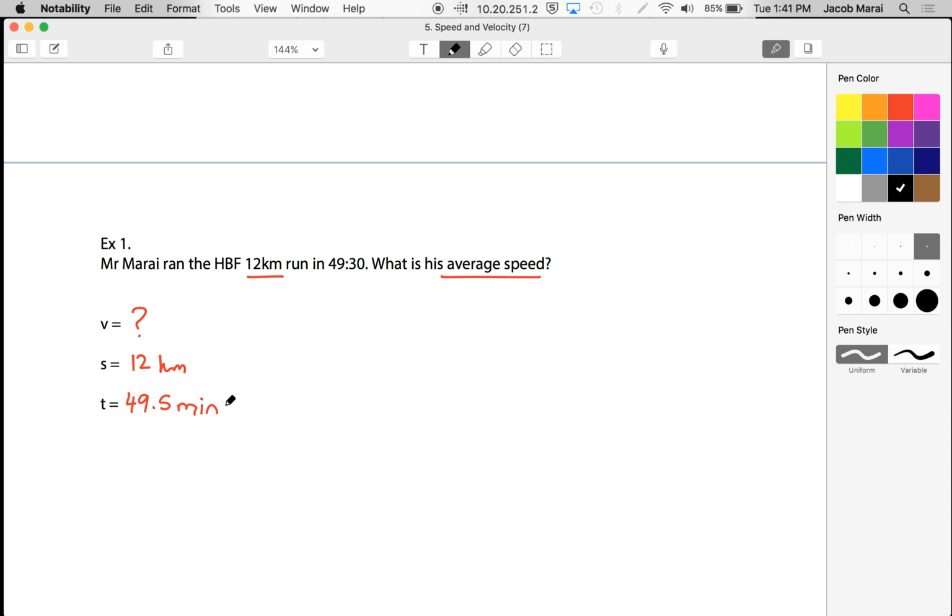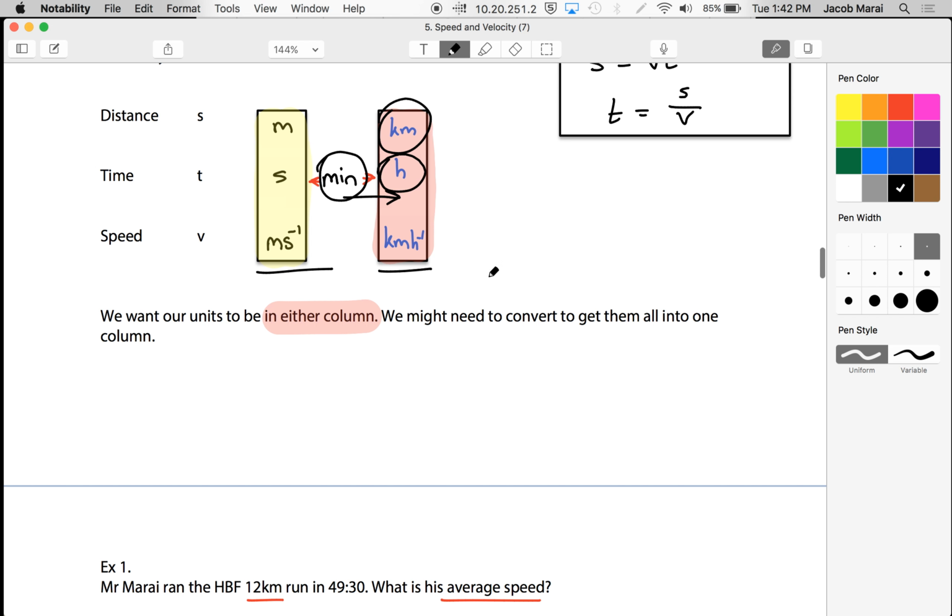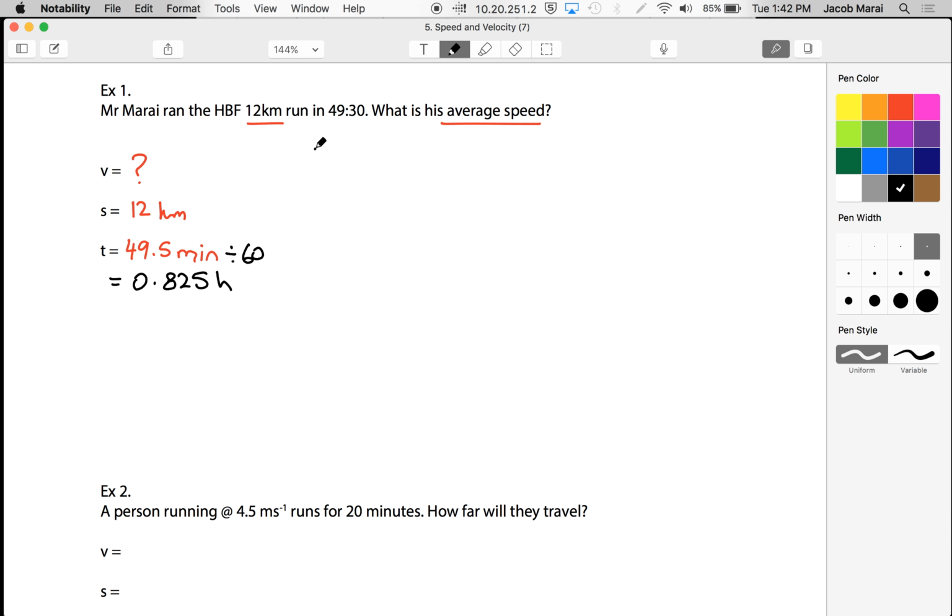We're going to divide by 60, and that will give us a time in hours, and it comes out to be 0.825 hours. Now, when I solve for velocity, we're all in the same column. So my equation, V equals S over T, 12 kilometers divided by 0.825 hours.